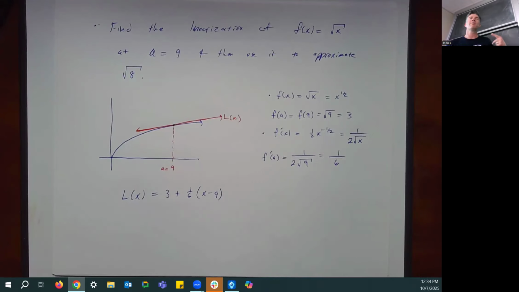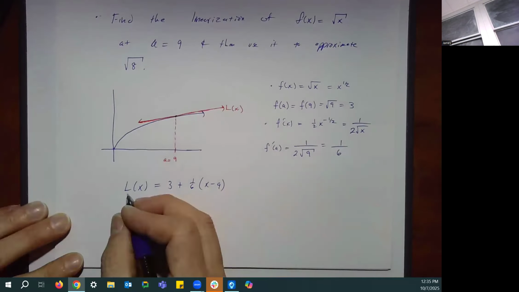It shouldn't be hard to see here that if we estimate the square root of 8, it shouldn't be too far from 3. The square root of 9 is 3. If you change your input just a little bit, the square root of something close to that should still be close to 3, at least if your function's continuous and doesn't have wild behavior.